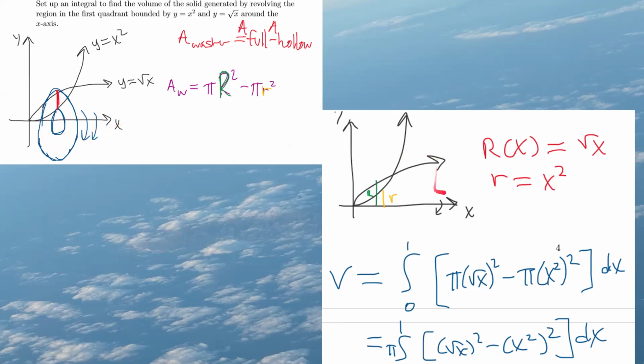So then we move over here. How do we know what the big radius is? Well, the big radius goes from the center to the edge, and the edge is this function. This distance from the x-axis to here is a y value, and every function is equivalent to that y value.